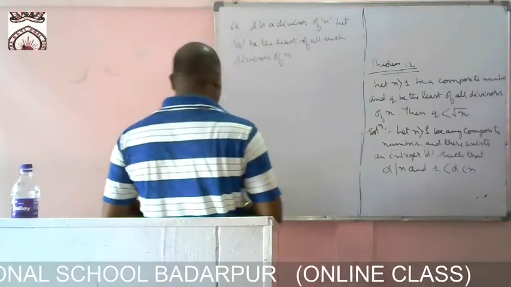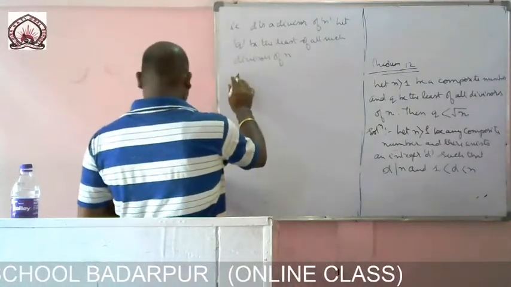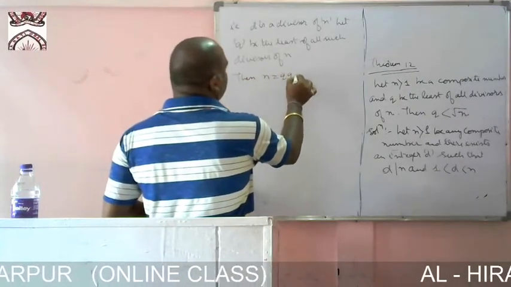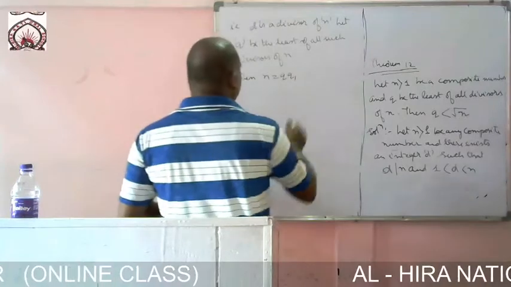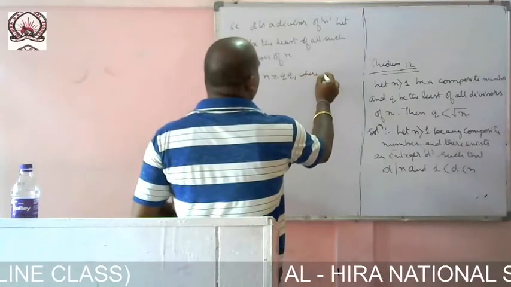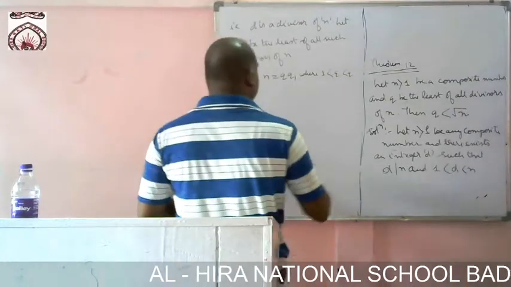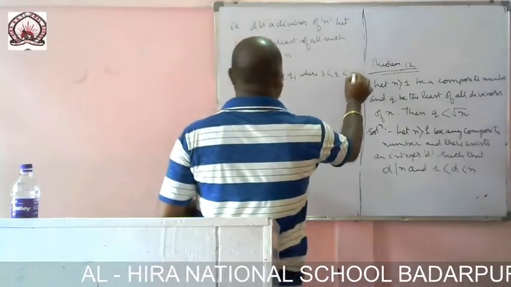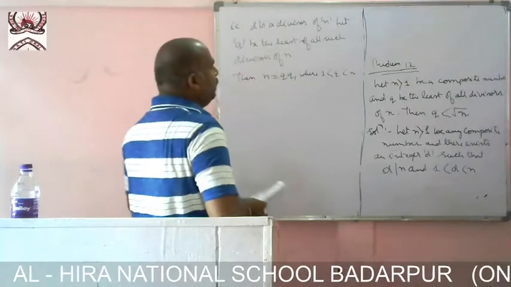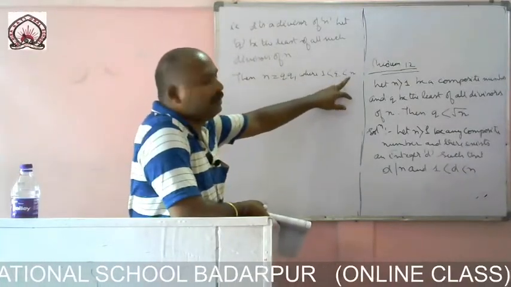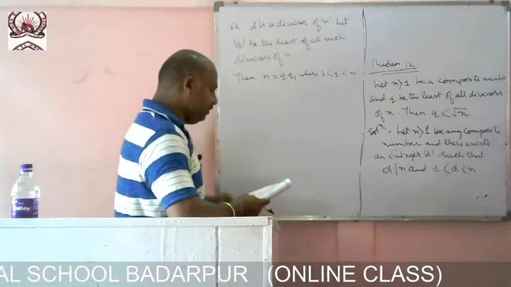Then we can write n equal to q into q1, where q is greater than 1 and smaller than n.